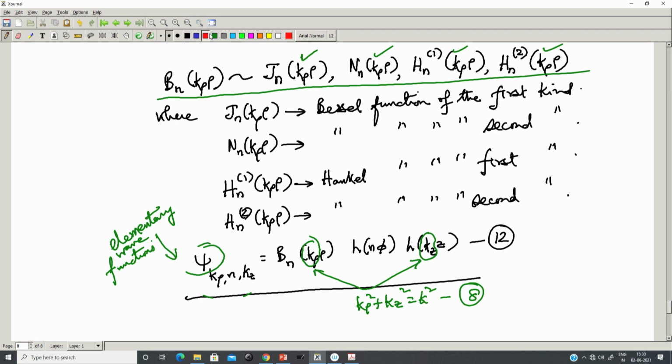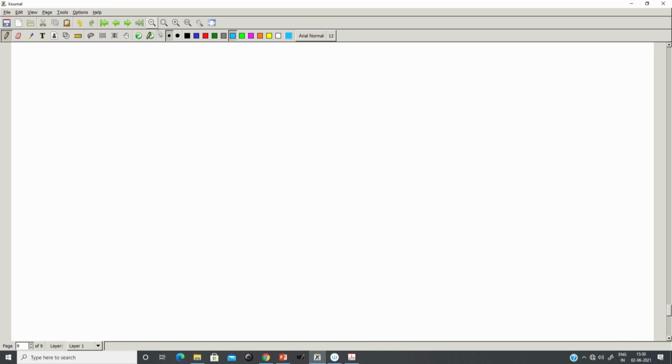So, we can sum up over these two eigen values, but we cannot sum up over k rho and k z because they are interrelated. For example, we can write psi as sigma over n and k z of C n k z psi k rho n k z.